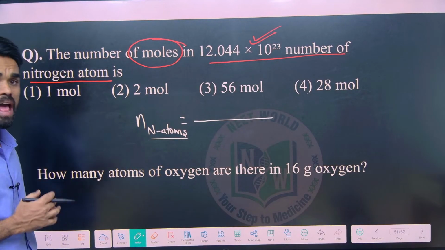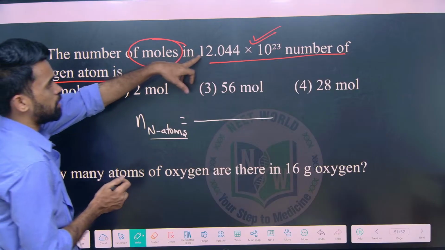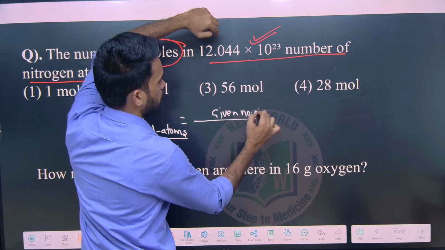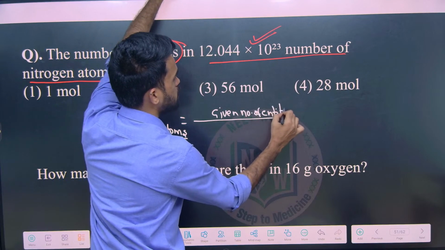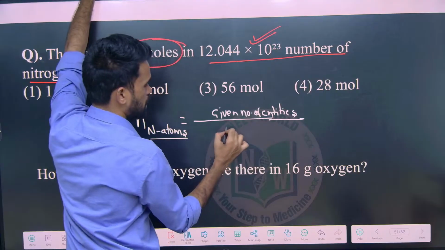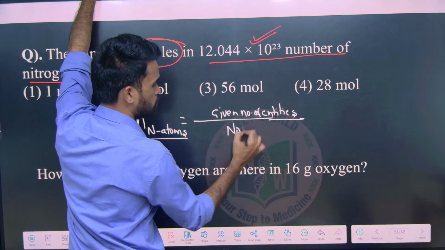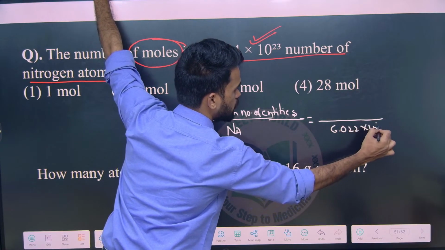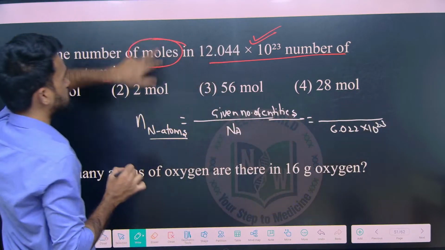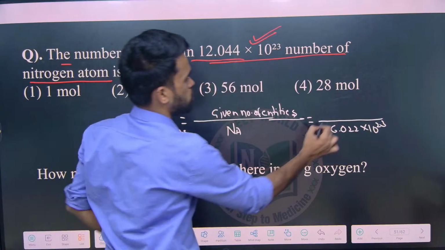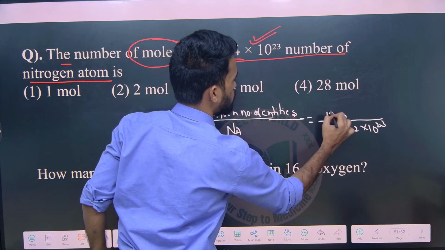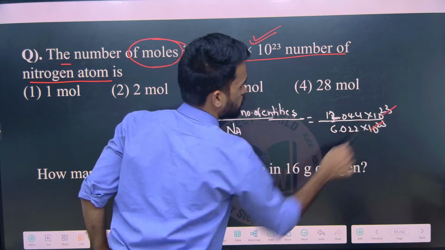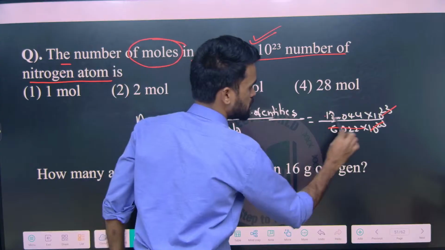Given number of particles, given number of entities, divided by the total number, that is the Avogadro number, which is fixed: 6.022 into 10 power 23. How many particles have they mentioned? 12.044 into 10 power 23. So 10 power 23 gets removed and this becomes 2.